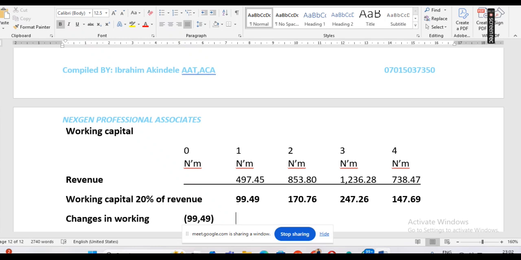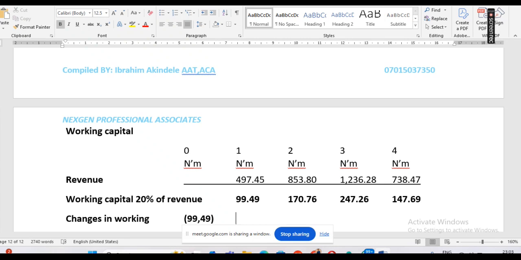So your changes is in between your year one and your year two. You want to know if your working capital is increasing or not. From year zero, you didn't have anything. So that is why I say year zero, 0 minus 99.49, you have your minus. So just bring the one of year one to year zero. Now, from year one to year two, the difference is your working capital increases. What is the difference? Is it increasing or decreasing? What is the difference between year one working capital and year two working capital? What is the difference?